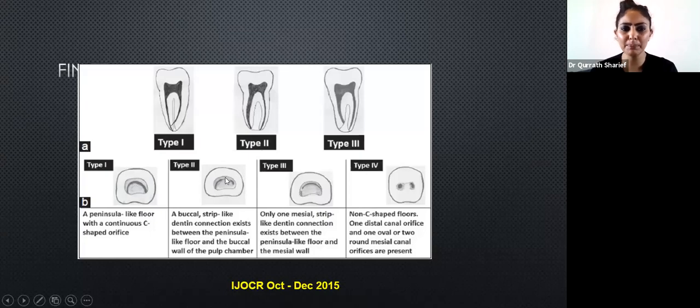It can be interrupted with a thin buccal strip of dentine, on the buccal aspect or on the mesial aspect. Okay, so normally they say that it is also called a semicolon, so it can also have a semicolon appearance as well. So there can be 1 canal, 2 canals, 3 canals, 4 canals. So there is a varied variation in your C-shaped canals.